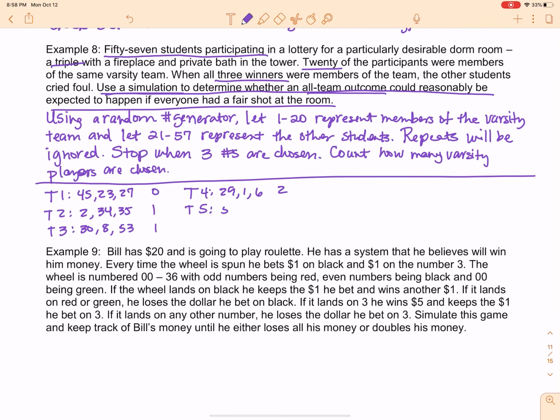And my last trial was 55, 48, and 44. By the way, to address this repeats here, repeats are ignored within 1 trial. I could have a trial where that number repeats in a different trial. Are you with me? I just can't, not in 1 trial. I can't have repeats within 1 trial. All right, and then I got none here.